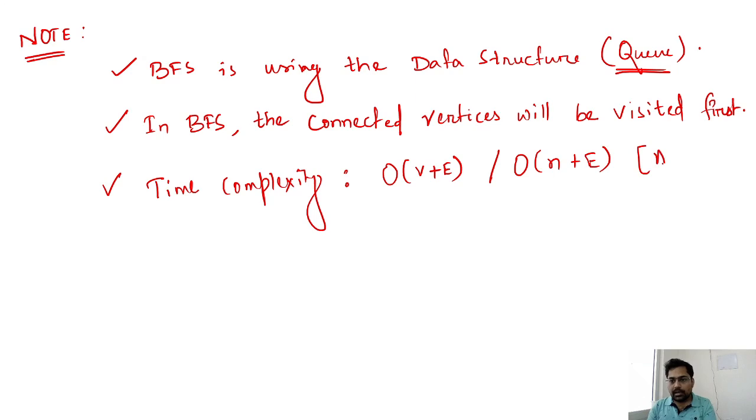If you are using an adjacency matrix, that is V square. Based on the representation, we get the time complexity. For space complexity, if anyone asks, you can write V square or N square for the adjacency matrix. This is how we write the answers.